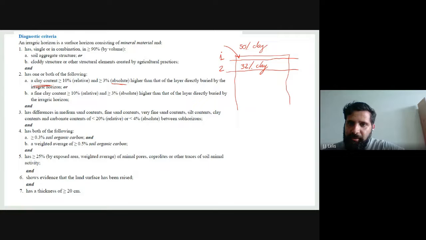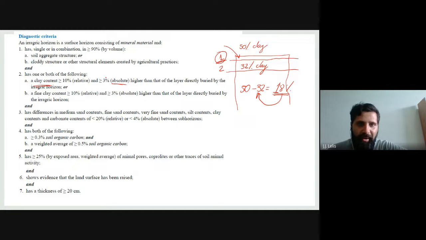So 50 minus 32, we have 18% of clay, a higher content in comparison to the second horizon.